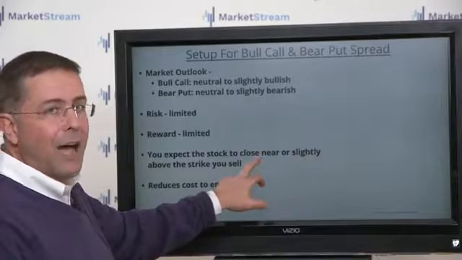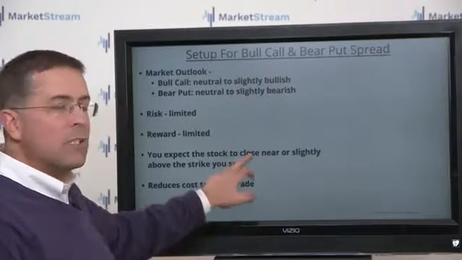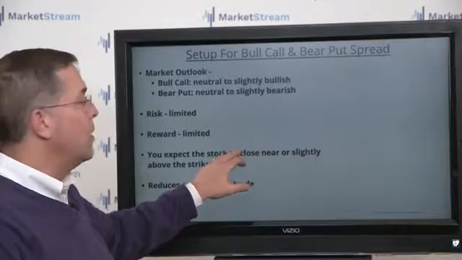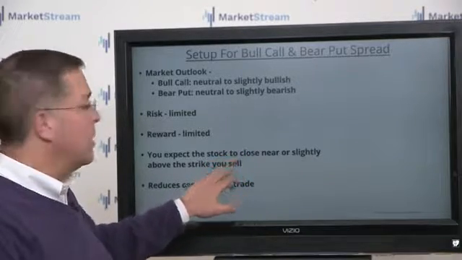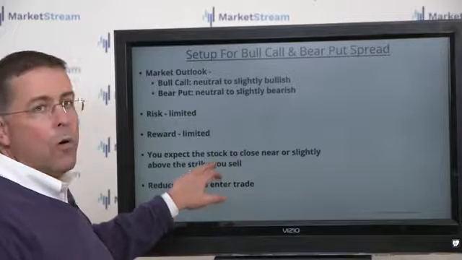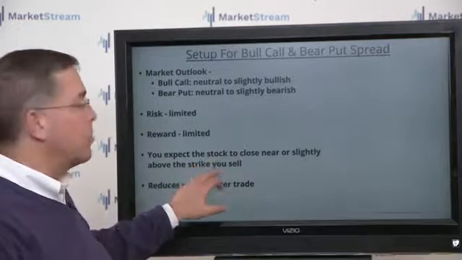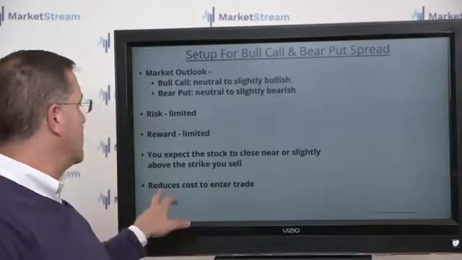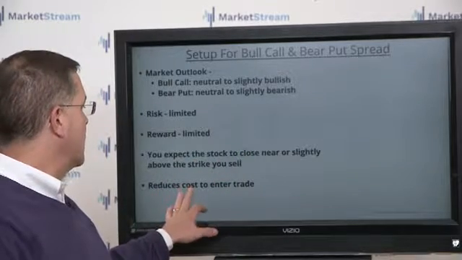You expect the stock, and remember this part, you're forecasting that the stock is either going to touch or settle at expiration either at or below, or above, the strike that you're selling, whether you're doing calls or puts. And we'll make that abundantly clear when we talk about what we're going to look at.